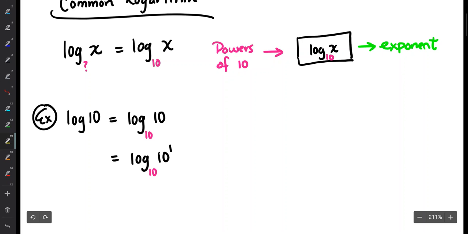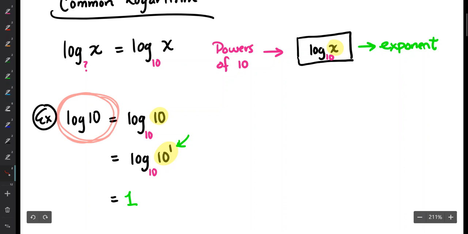That's what's going in. What's going to come out? We're going to spit out the exponent. Answer? 1.